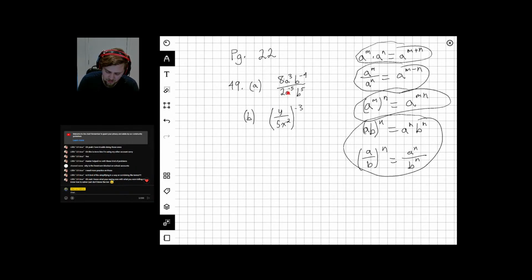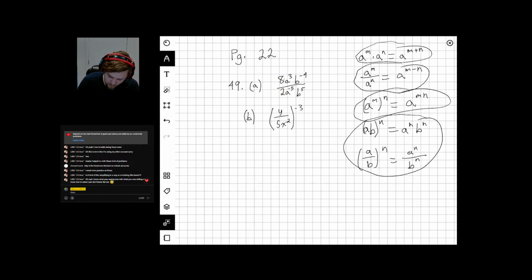If we're dividing, we can just subtract by this property. So what's 3 minus negative 5, since these are both a? I'm going to get 8. Well, actually, let's simplify the numeric part first. We have multiplication and multiplication, so 8 over 2 is 4.